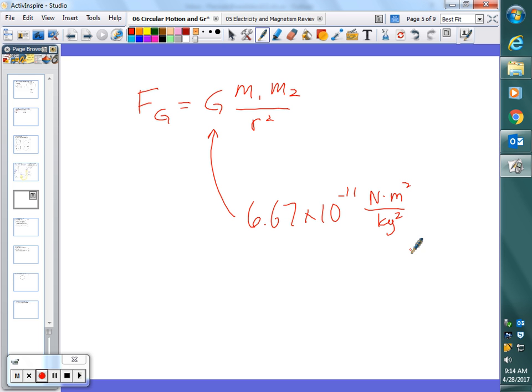The only reason it has that unit is because when it's substituted into this expression, all of the units except newtons have to cancel out, because we're going to end up with the force. So we end up with meters squared on the top to cancel this meter squared, and kilograms squared on the bottom to cancel these kilograms squared.